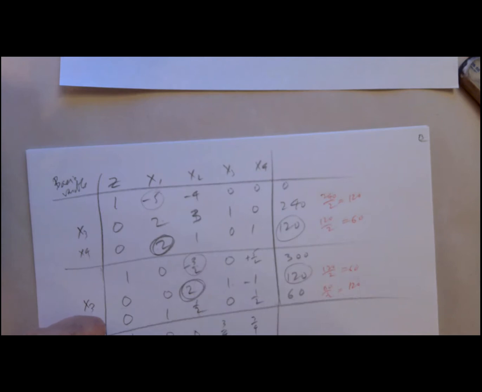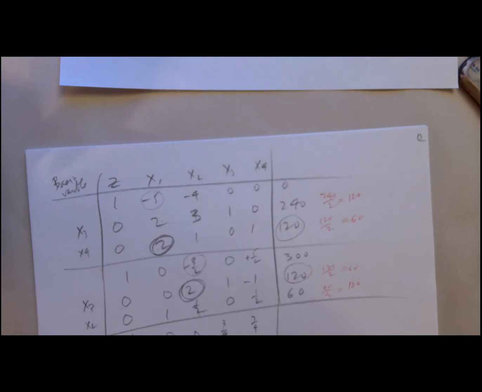Minus a fourth plus 0 is minus a fourth. Minus a half times minus a half is a fourth.